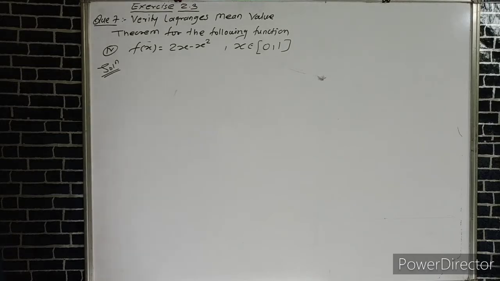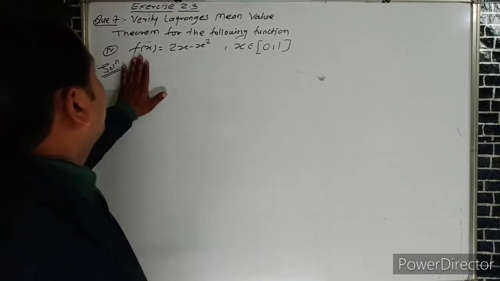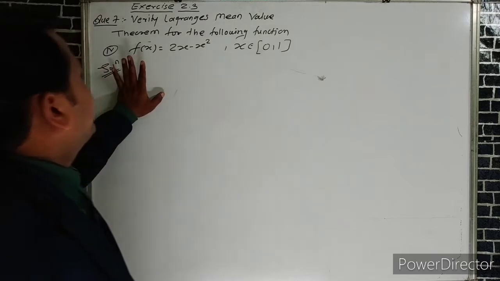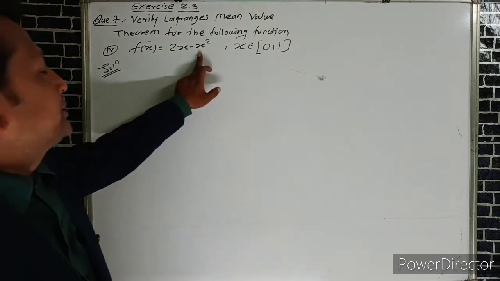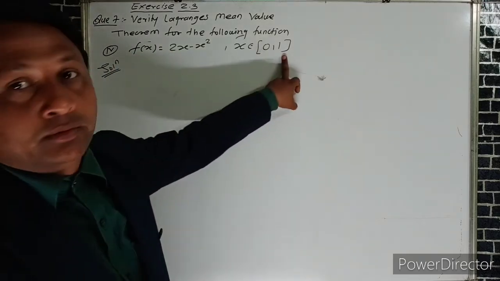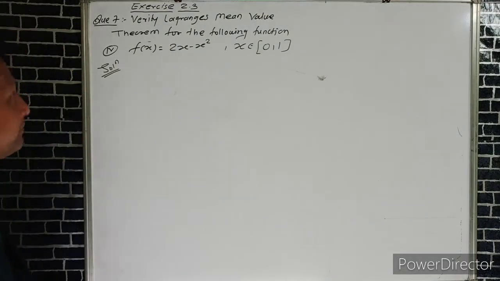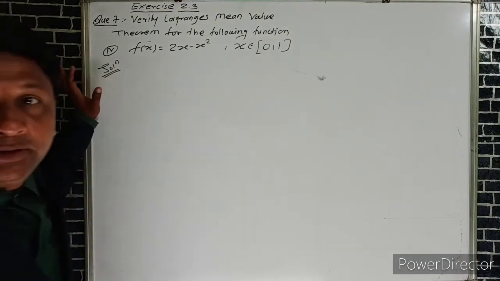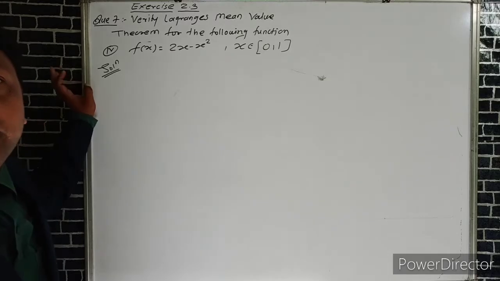So the next example number 4, and here f of x is equal to 2x minus x square, x belongs to [0, 1]. Also we have to verify Lagrange's mean value theorem, or LMVT.